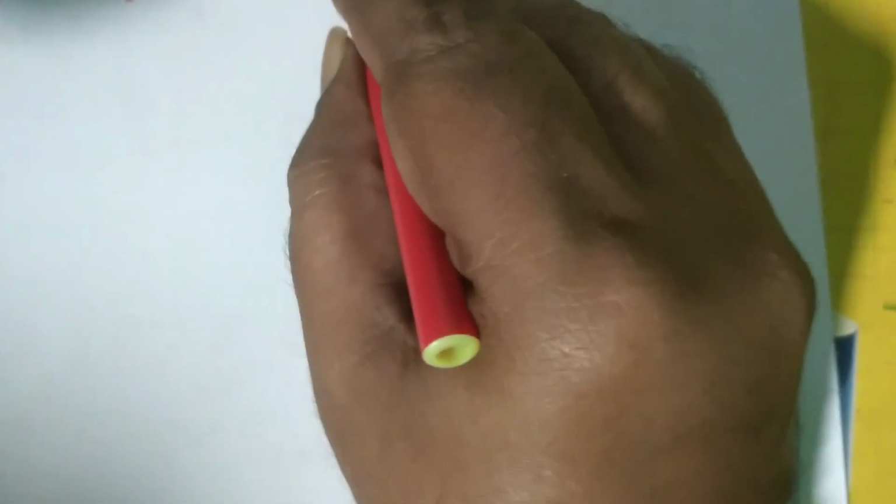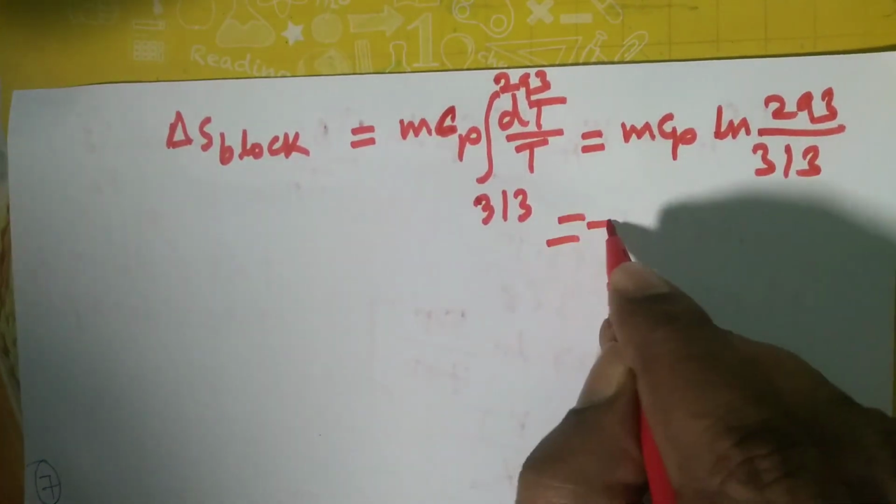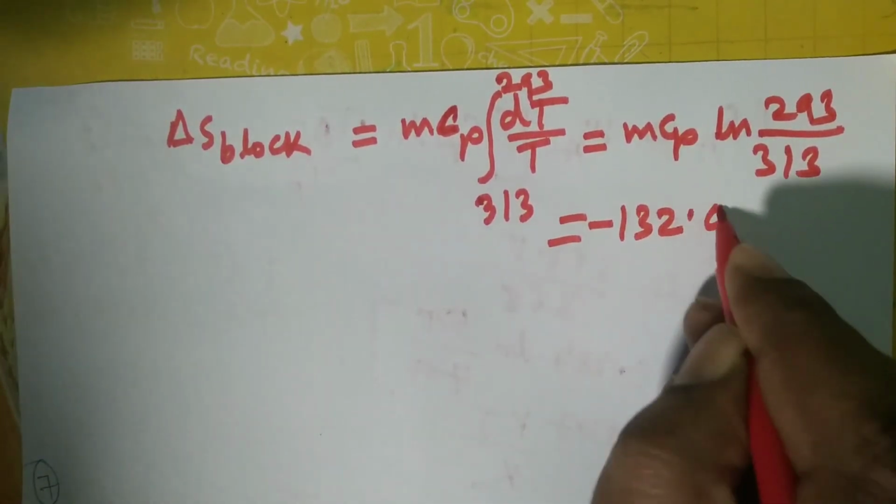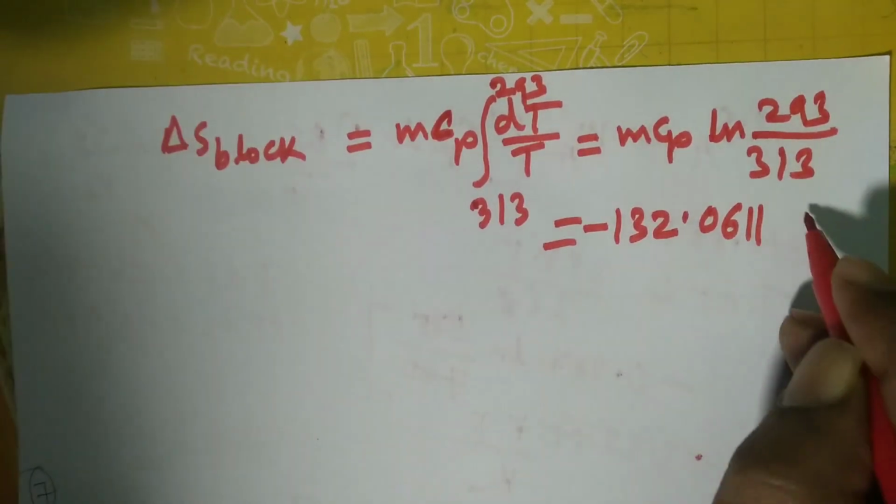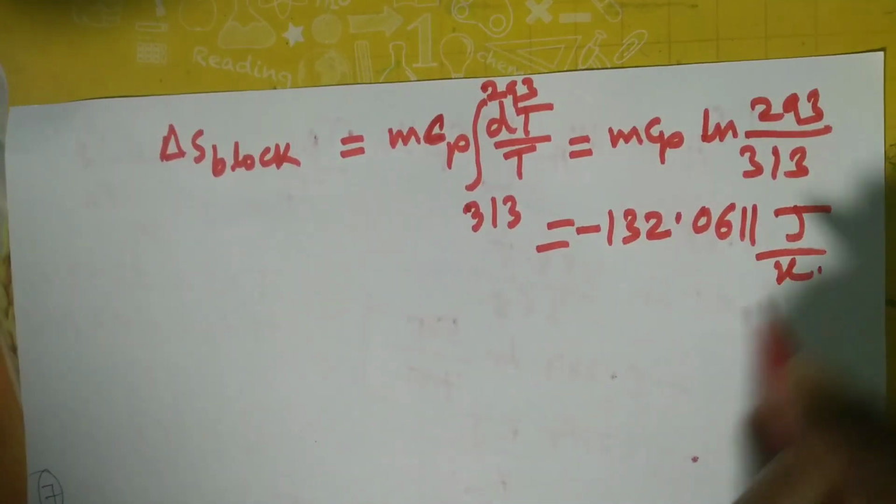Because heat will flow from block to room air, mCp can be taken outside because they are constant. So this is mCp ln(293/313), and this comes out to be minus 132.0611 joule per Kelvin.